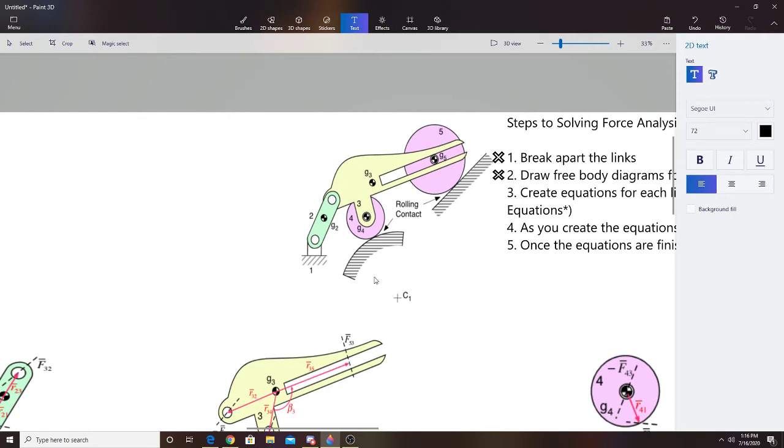You'll get this, and you have to go, oh well, F43 is right here, F23 is right here, F12 is here, and then this force is an up and down force because it's a slider, right? And then there's one more here as well. There's 5-1 and 4-1, but you have to look at this and know where they're at. Does that make sense?